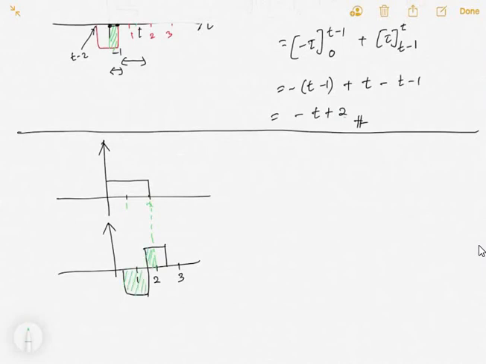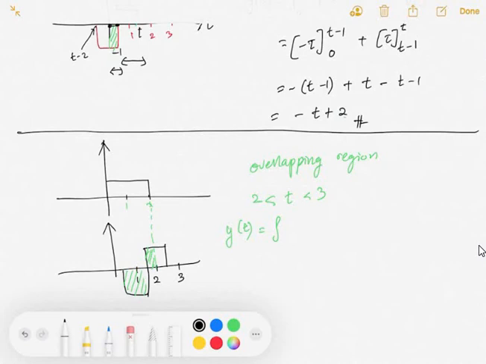How do we write the signal? This one is also an overlapping region, for t less than 3, more than 2. And then y(t) is equal to, let me use the black color.